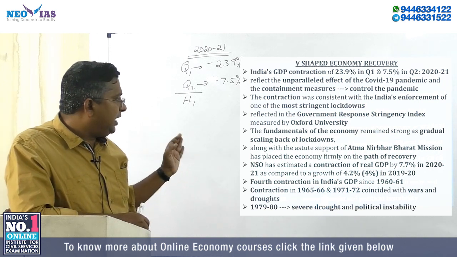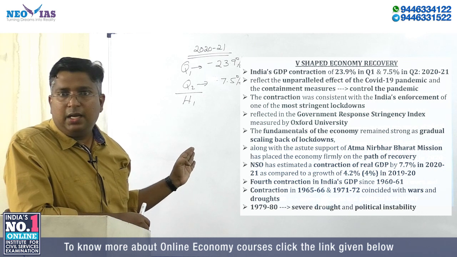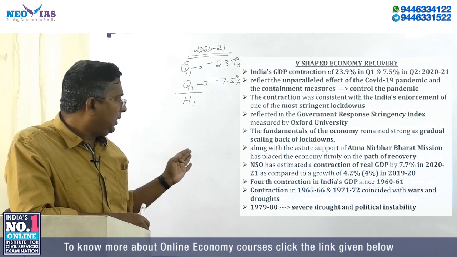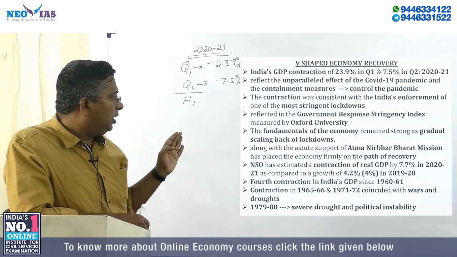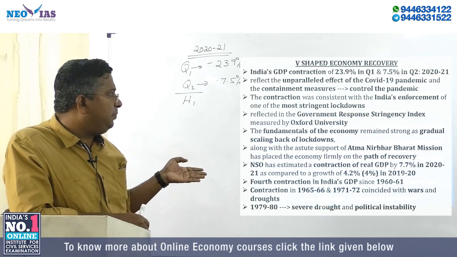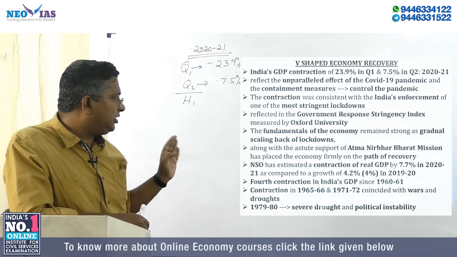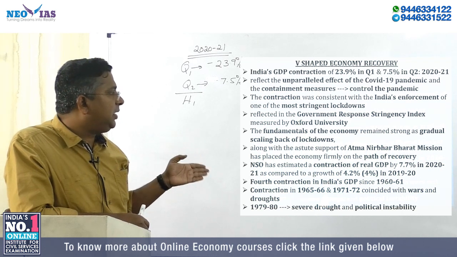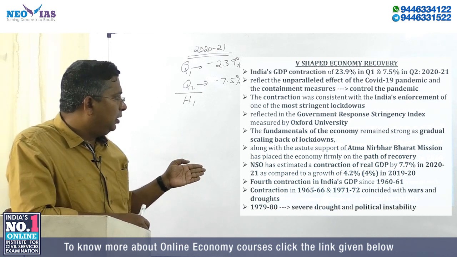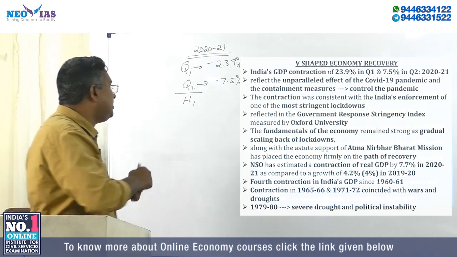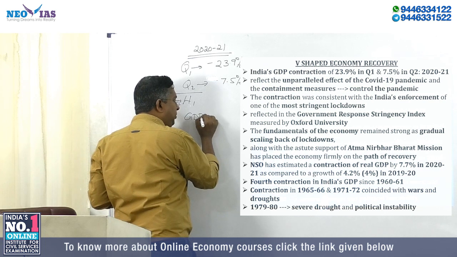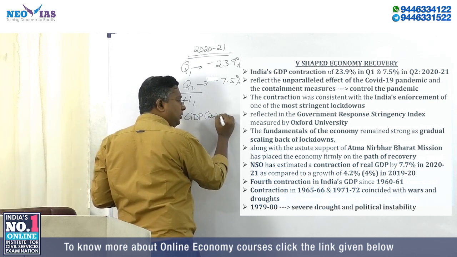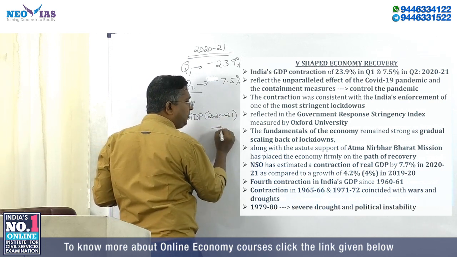Note down: the NSO, National Statistical Organization, has estimated the contraction of real GDP for the entire financial year. As per the first advance estimate, the GDP for the financial year 2020-21 will contract by how much?